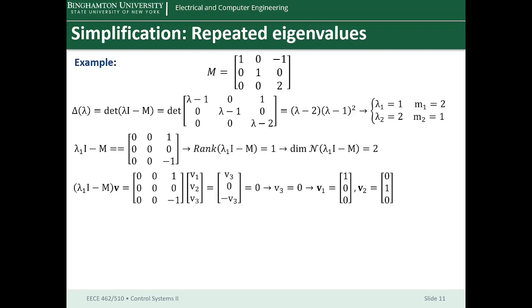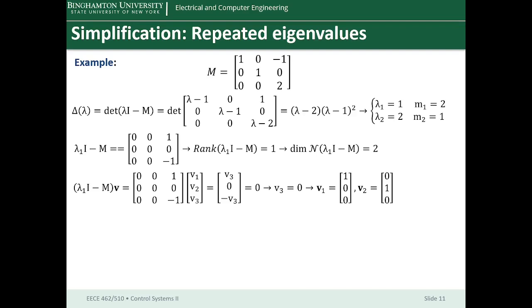Next, let's look more closely at the structure of the null space. When we solve the equation (lambda times I minus M) times v equals 0 for lambda equals 1, we find that the third component of the vector, let's call it v3, must be 0. That means all the eigenvectors corresponding to this eigenvalue lie on the xy plane in three-dimensional space.